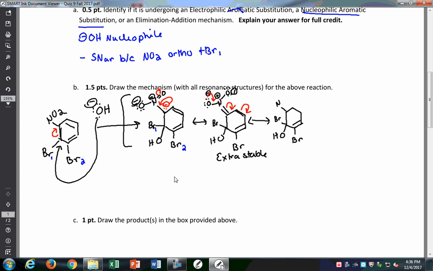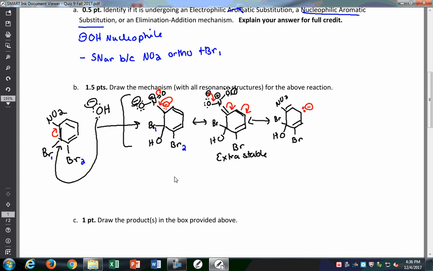And I'm just going to write NO2 from now on. So now my lone pair is here. And again, this is a mechanism under OH negative conditions. It means we're only forming negative charge, minus that positive charge on the NO2, that thing's always there. Doesn't matter what your conditions are, that's what NO2 looks like.